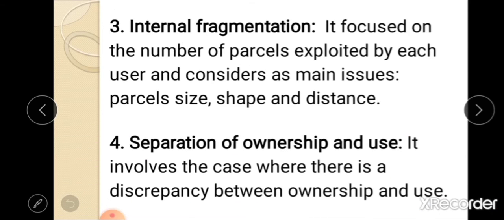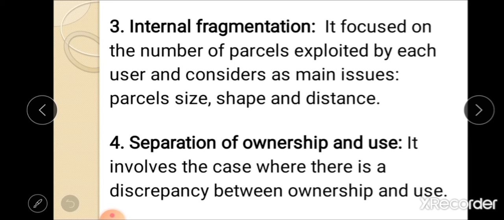The next type is internal fragmentation. It focuses on the number of parcels exploited by each user and considers as main issues the size, shape and distance of land. That means internal fragmentation is based on the size of land, shape of land and distance of land.